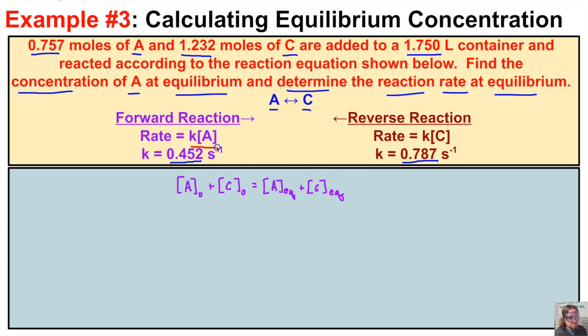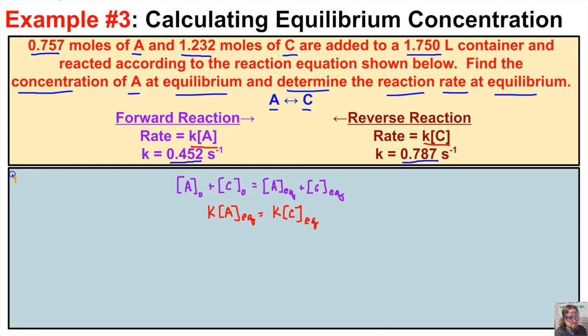So k times the concentration of A at equilibrium is going to equal k times the concentration of C at equilibrium. So we can use these two formulas to figure out the concentration of A and then determine the reaction rate as well at equilibrium.